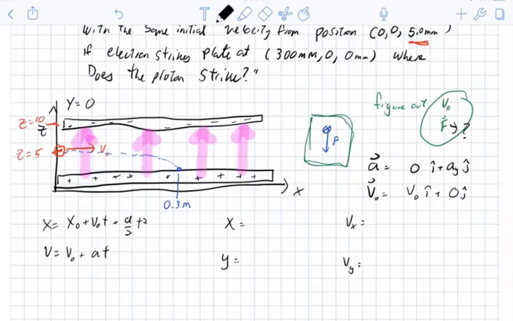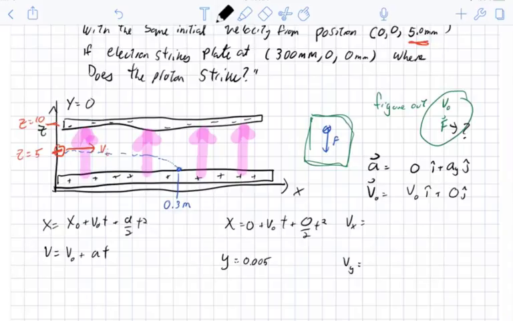You break it down in terms of its x and y components separately. In the x direction, your initial x position is 0, your initial x velocity is v0 times t. I don't know what v0 is, but I know that the acceleration in the x direction is 0. The initial y position is 0.005 meters, 5 millimeters above.